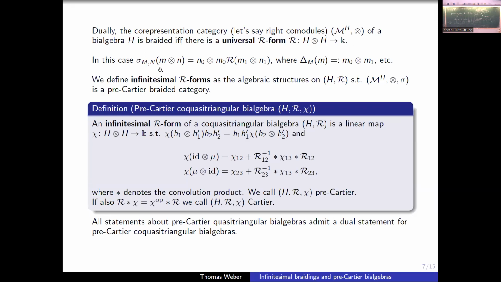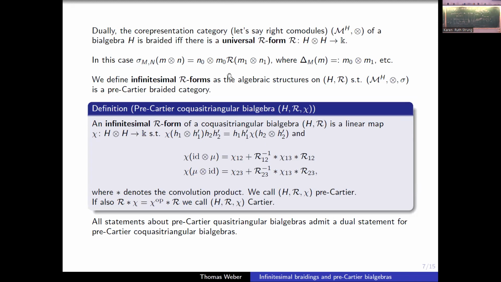Just very briefly, I show you that the braiding in this case is given by this formula here. You are using the coaction on the comodules M and N. Here M_0 and M_1 is just the coaction. This is the part in M, this is the part in H. And then you apply R, and this gives you a braiding on the category of right H-comodules now.